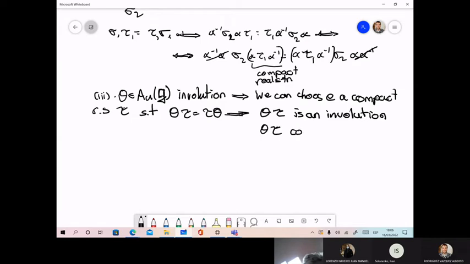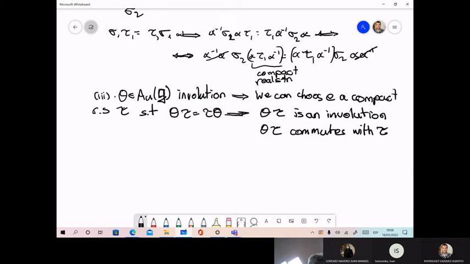Theta tau commutes with tau. This is because theta commutes with tau, so it's immediate, and tau commutes with itself.